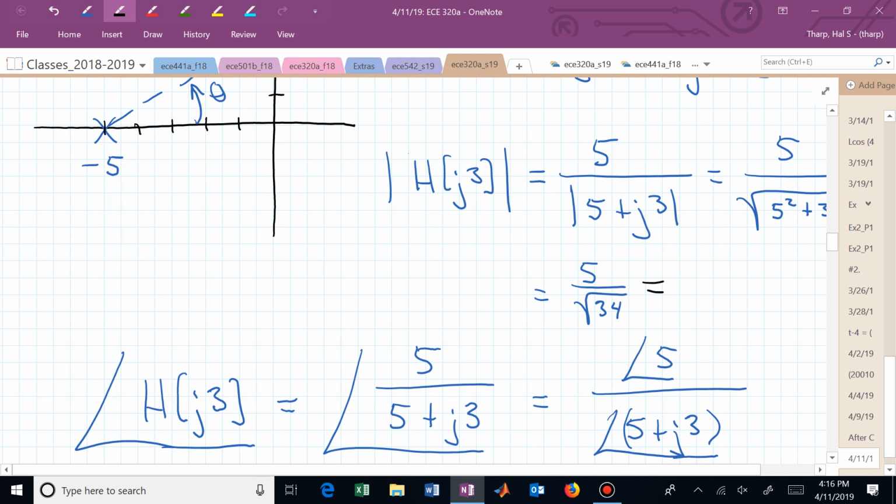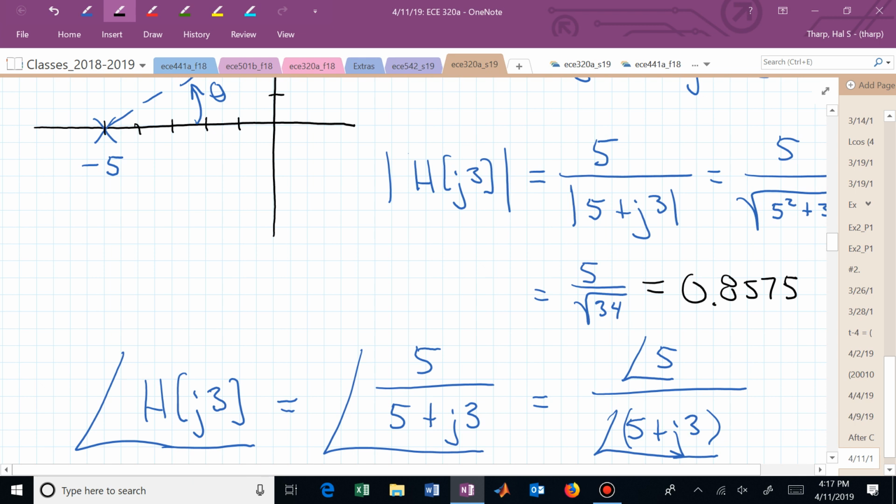Did anyone pull out their calculator? Square root of 34 is a little bit less than the square root of 36, isn't it? So it's a little bit bigger than 5/6. So this is now 0.8575 as far as a value.